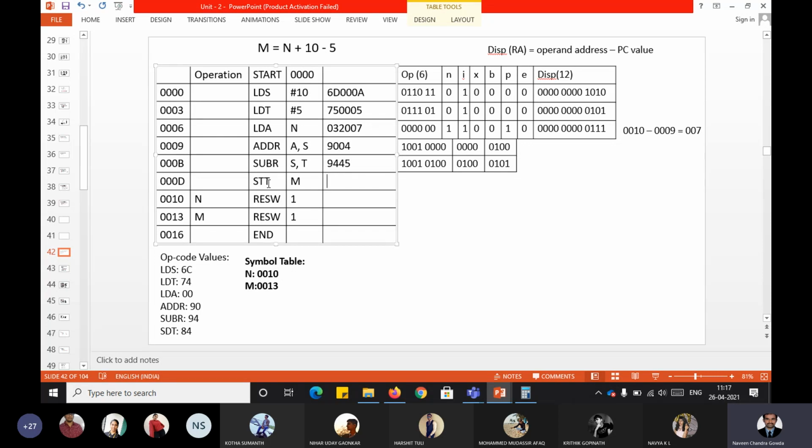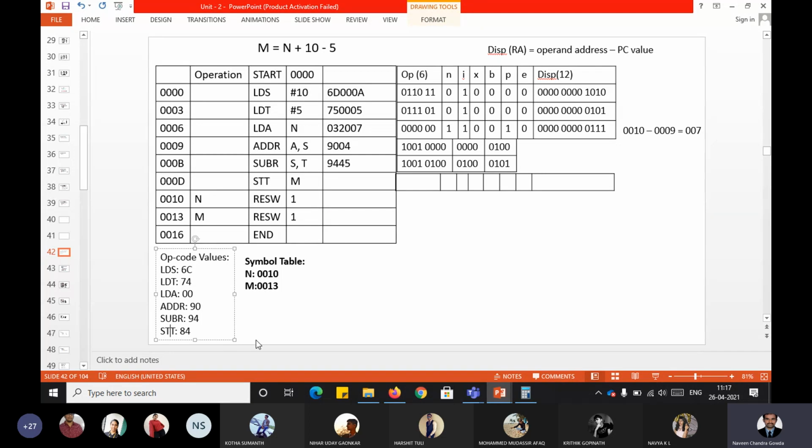Now let me take you to the last one, which is STT M. STT M is again a format 3 instruction. What is the opcode of STT? STT is 84. So the opcode of STT is 84.